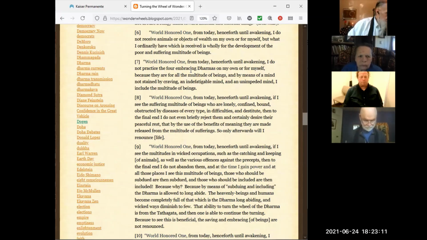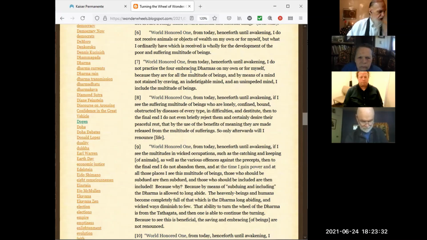Let's see. Bodhiruchi, let's see. Waymans have four articles of conversion. Again, that's a process-oriented translation.